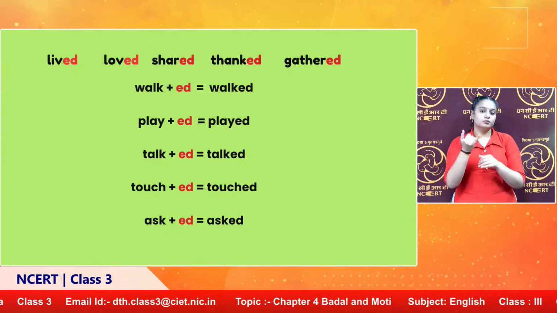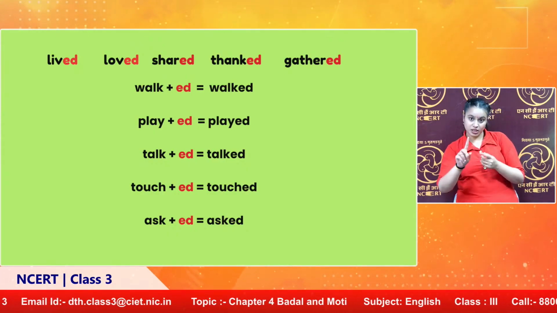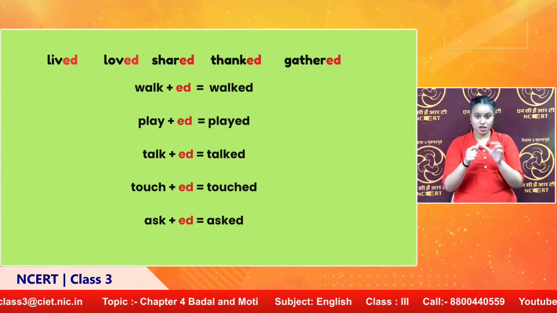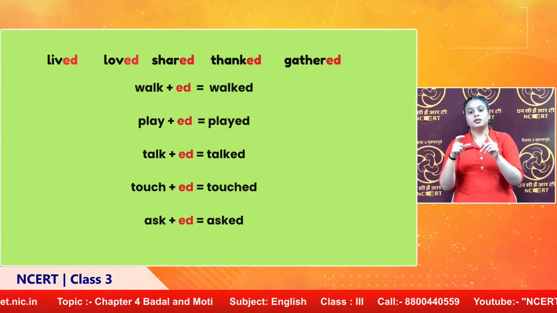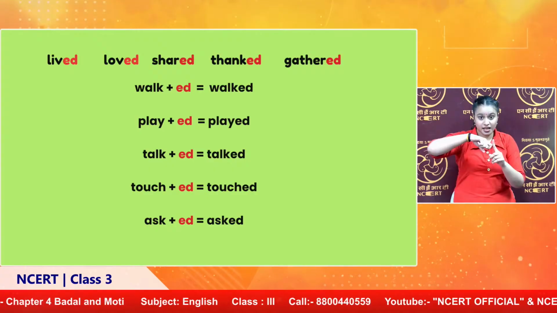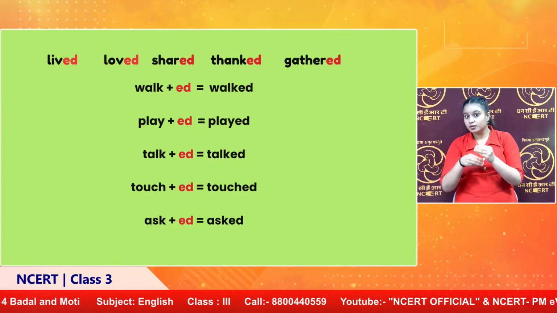So loved, you end with E and you just add D to it. Shared, share also ends with E, but you have added D, so it becomes shared. Thank is without E, it is ending on a consonant like K, so you will add ED.